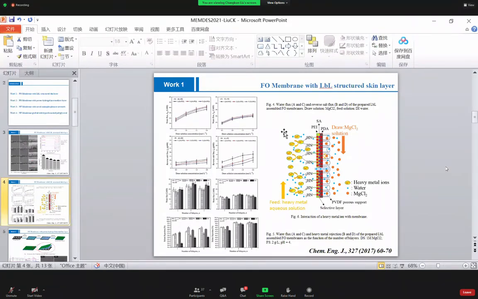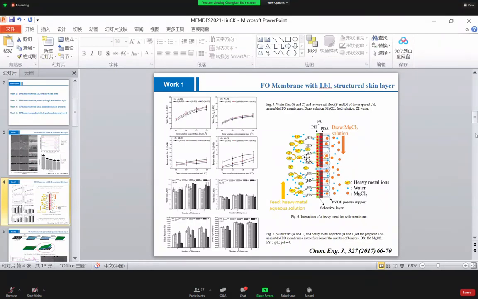So we further looked into the mechanisms of the high rejections of the metal ions, as well as the enhanced water flux. The skin layer is prepared with the PEI and SA, so it contains some residue amine groups.